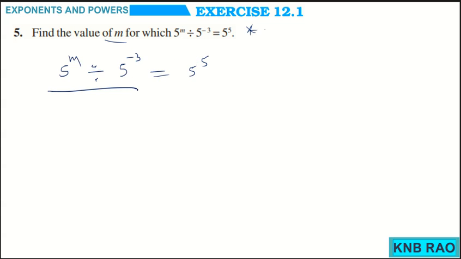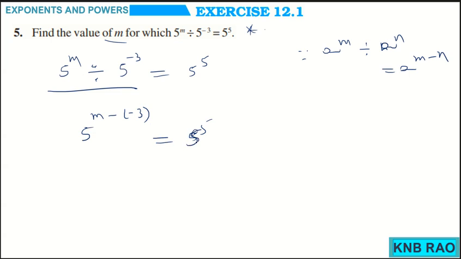This LHS portion can be written as 5^(m - (-3)) using the law of exponent a^m divided by a^n is a^(m-n), so equals 5^5. Here two exponential numbers are equal with the same base, therefore m - (-3) equals 5.